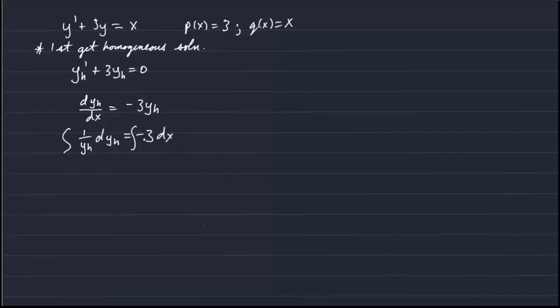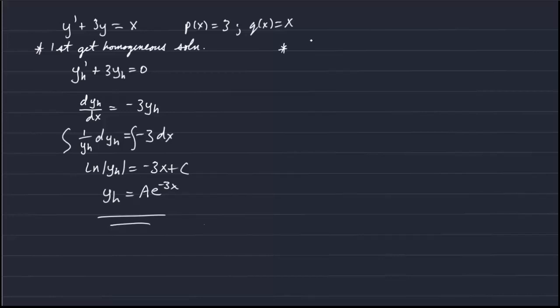When we integrate both sides, we get the log of the absolute value of y sub h is equal to minus 3x plus a constant, and that tells us that y sub h is equal to a e to the minus 3x. So that was the first step, get the homogeneous solution, which was proportional to e raised to the minus 3x power.